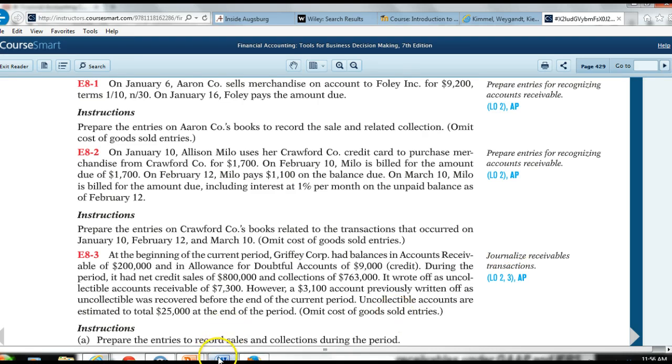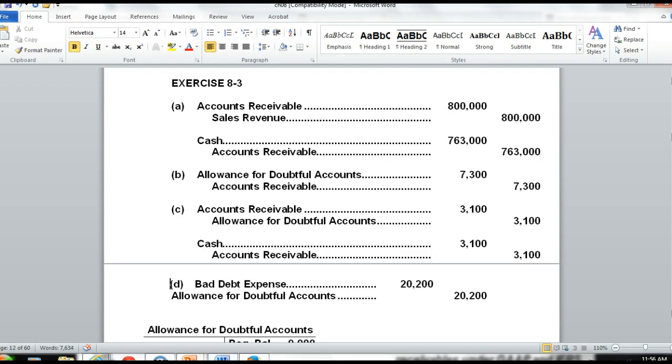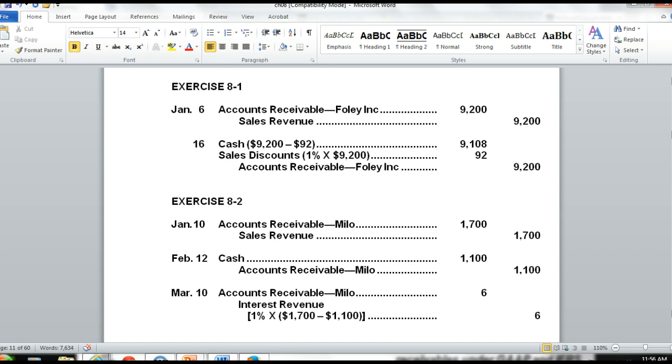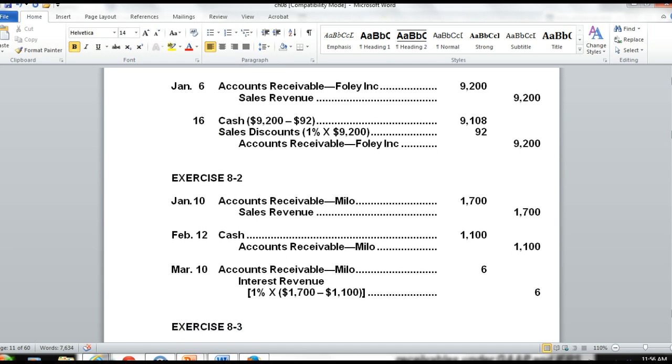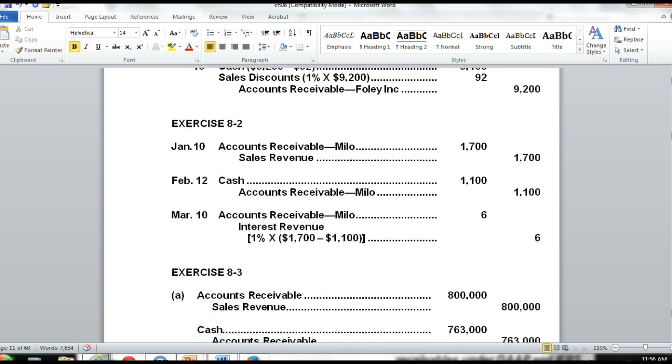So let's take a look at this and see that we'll start with the $1,700 accounts receivable, Milo, $1,700, and we'll show that as a sales revenue credit for $1,700. Then we show that the company received cash on February 12th, and we're going to offset that with Milo's accounts receivable for $1,100.